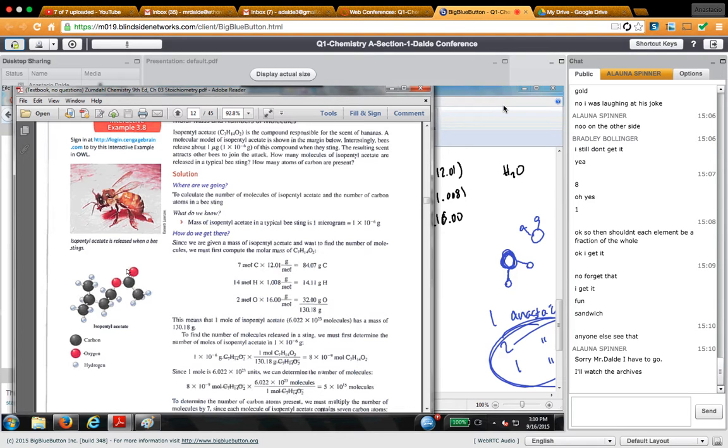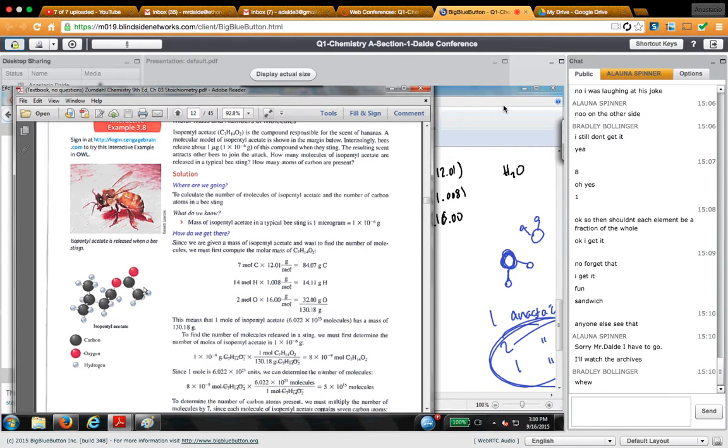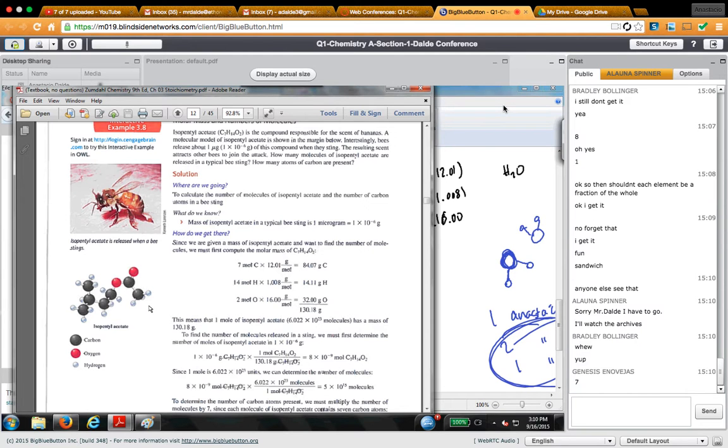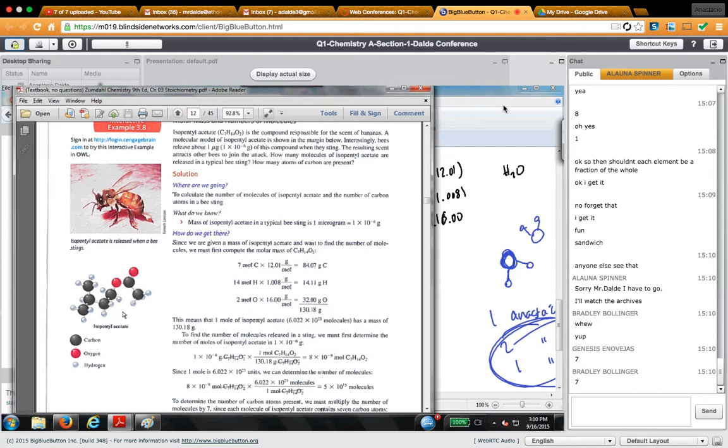This is isopentenyl acetate. It's right here. Do you see it? Yes. How many carbons is that? By the way, the black ones are carbons. 7. Good. How many hydrogens?